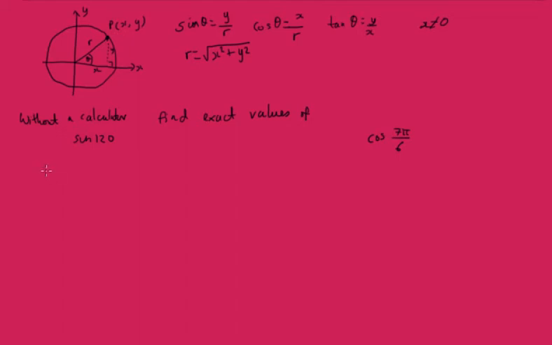So, we'll draw a wee diagram for our quadrants again, and the sine of 120, so that's going to be over here again. So that'll be 120 degrees. And that means this must be 60 degrees, because 180 minus 120 is 60.